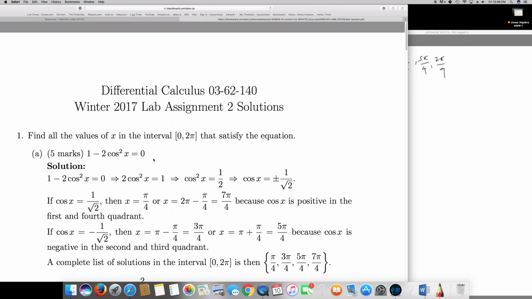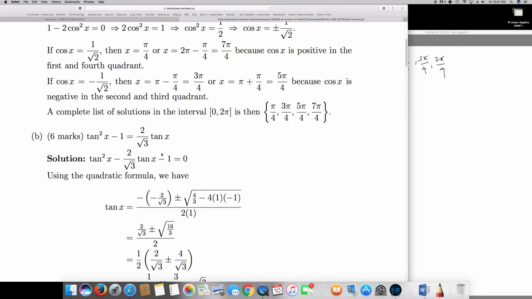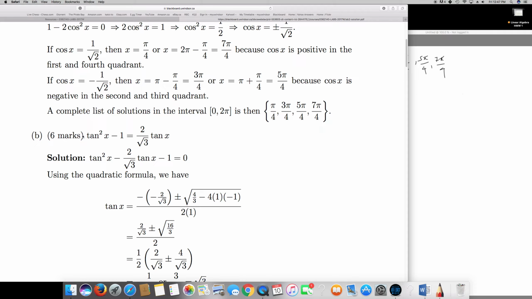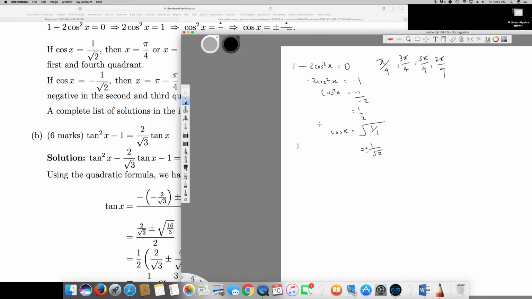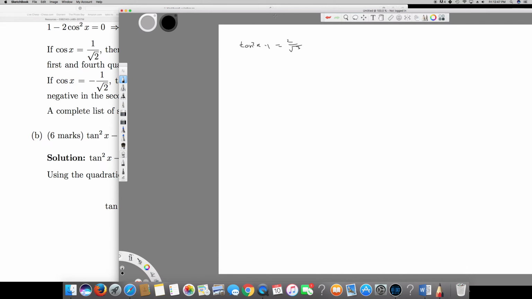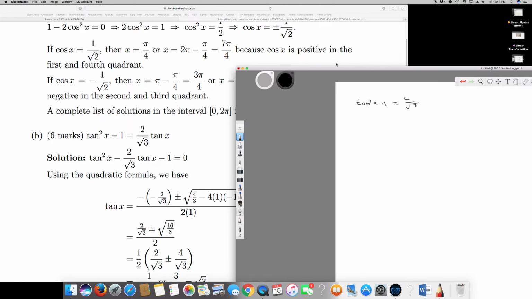And the second question is asking, b: tan square x minus 1 is equal to 2 over root 3 tan x. Since this is the case, let's get a new one. Tan square x minus 1 is equal to 2 over root 3 tan x.